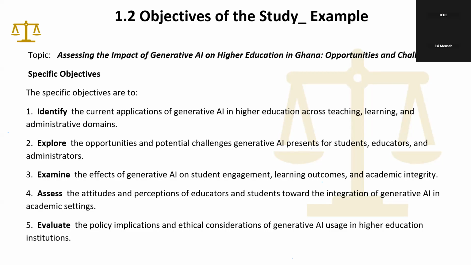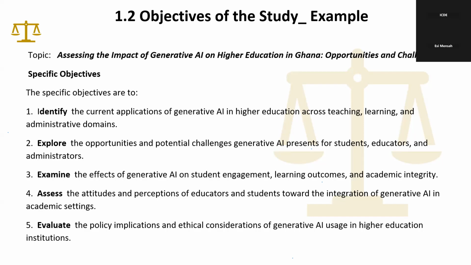Let's say that this objective is what you want to work on. That means that your H0 can sound like this. There is no relationship between generative AI and student engagement. The alternate, there is a relationship between generative AI and student engagement.